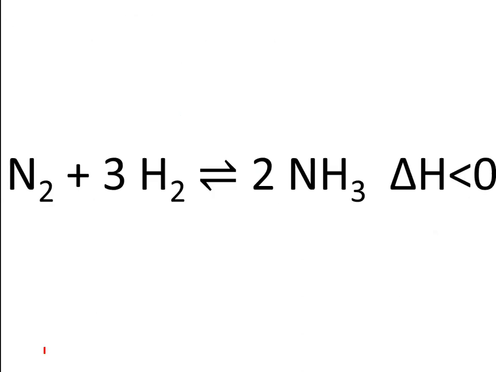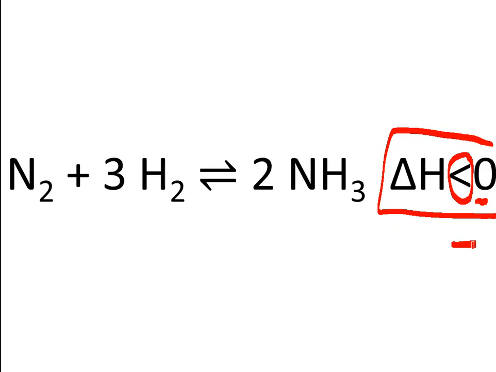In order to do this, we need to understand what this here means. This is the change in enthalpy, meaning the change in the energy stored within the chemicals during the reaction. And this change is smaller than 0, which is another way of saying that it's negative. Less than 0 is negative. So what this means is that this reaction is exothermic.